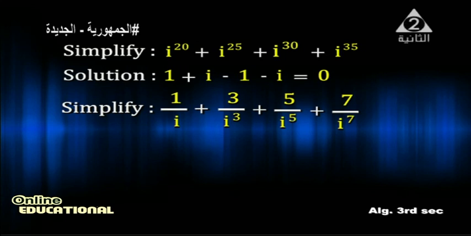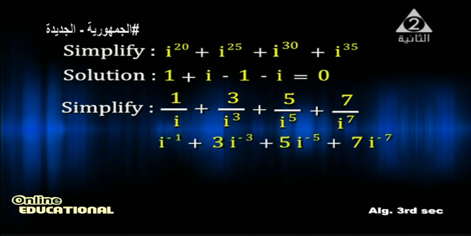Why? 1 over i power 7 equals i power negative 7, which is i power 8 over i power 7, which equals 7i.